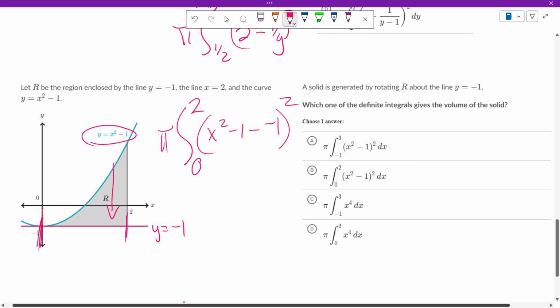Well, minus the negative is plus the positive. So it's pi, the integral from 0 to 2 of x squared, or x to the 4th.